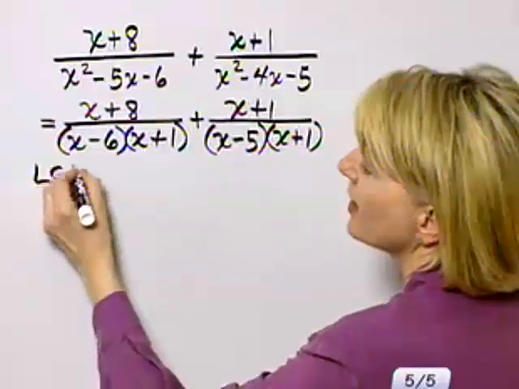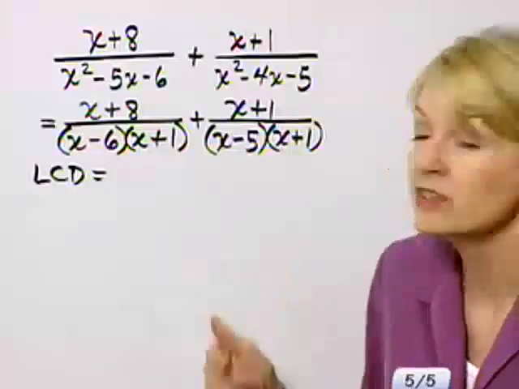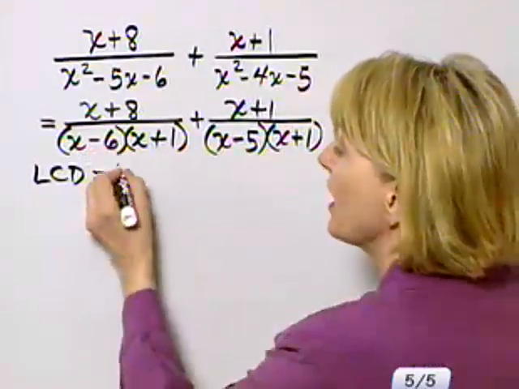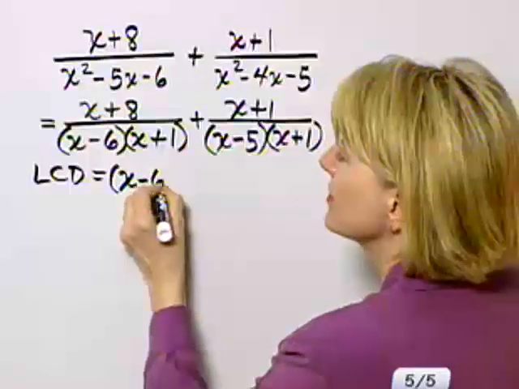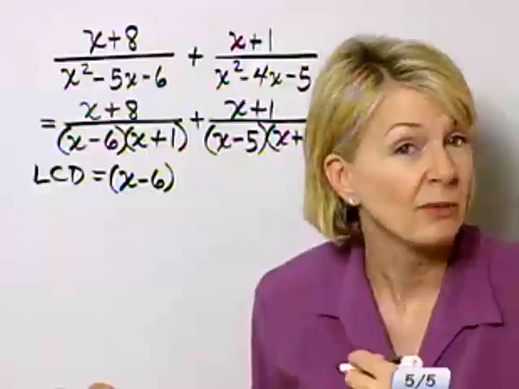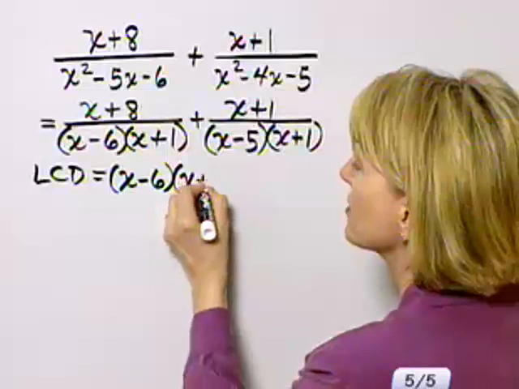Now, let's decide on the least common denominator. Remember, you just look at the unique factors. This is a unique factor. It occurs once in the first denominator, not at all in the second denominator, so I write it down once. This is a unique factor.